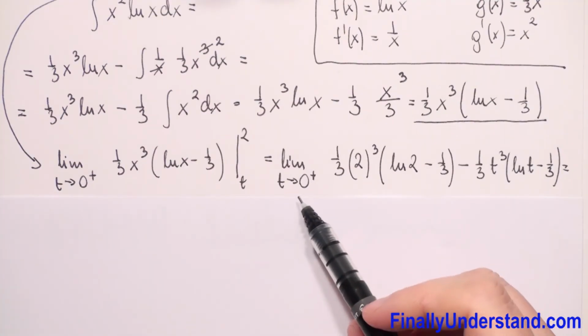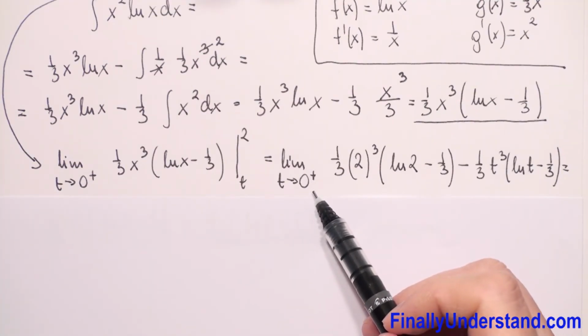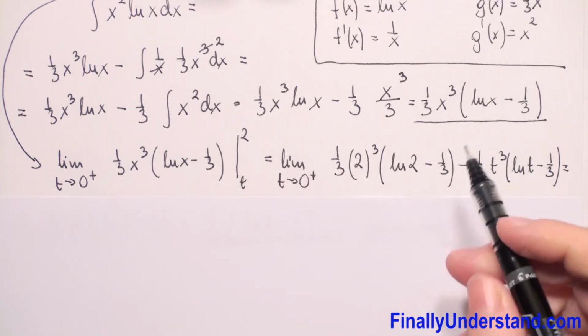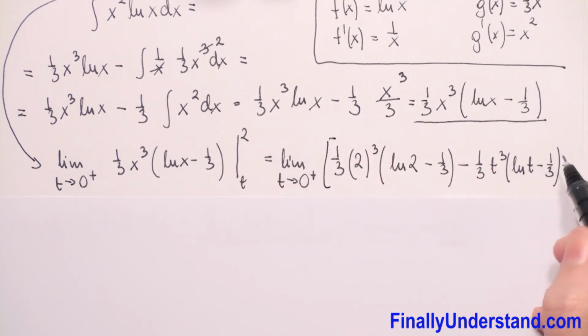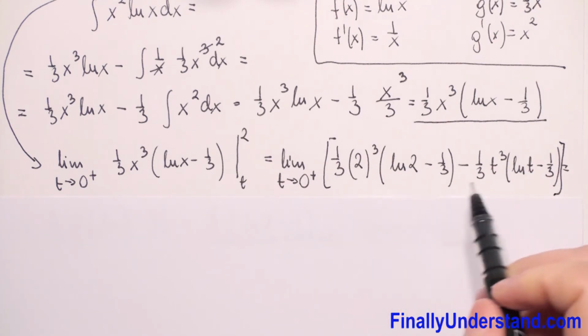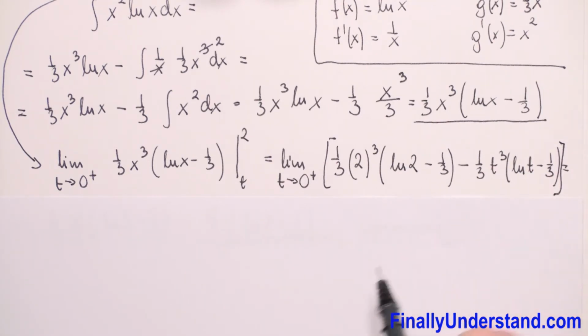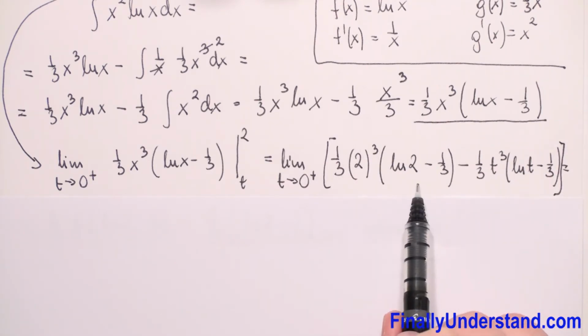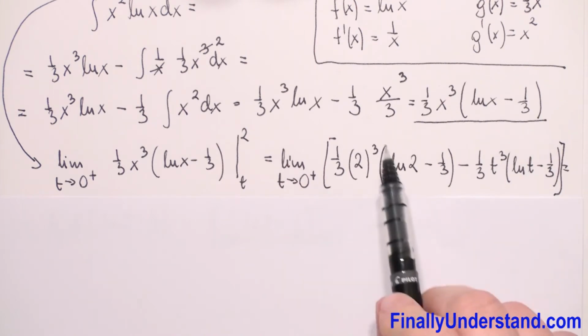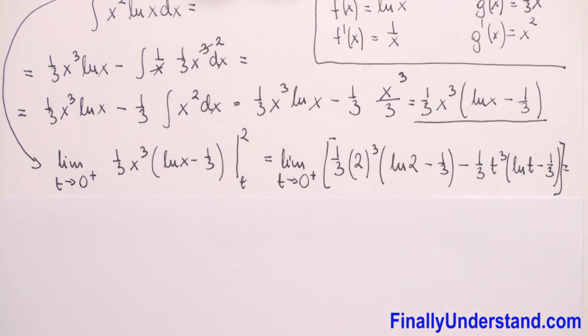We have limit t goes to 0 from right side, and I can put this in brackets, like difference of two expressions. First expression doesn't have t's. The limit of this expression will be equal to this expression.